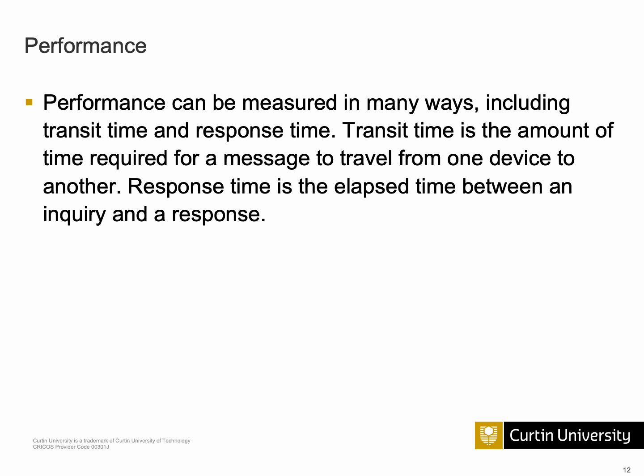Transit time is the amount of time required for a message to travel from one device to the other, and response time is the elapsed time between an inquiry and a response. This performance can depend on a number of factors like the number of users, the type of transmission medium, and also the capabilities of the connected hardware.